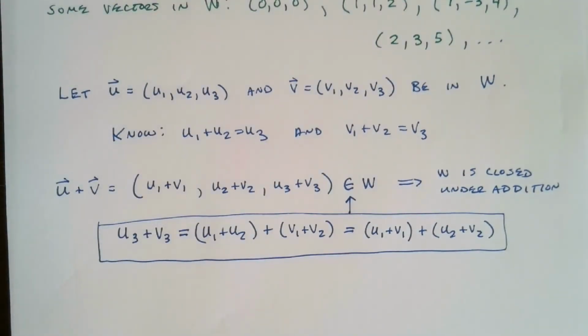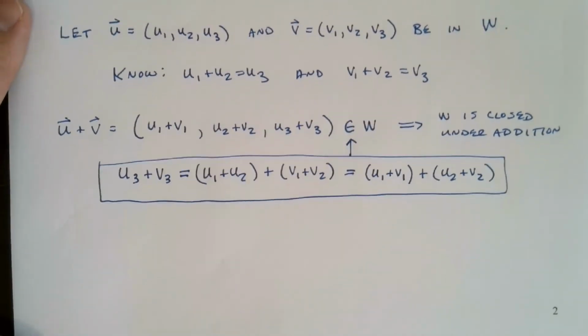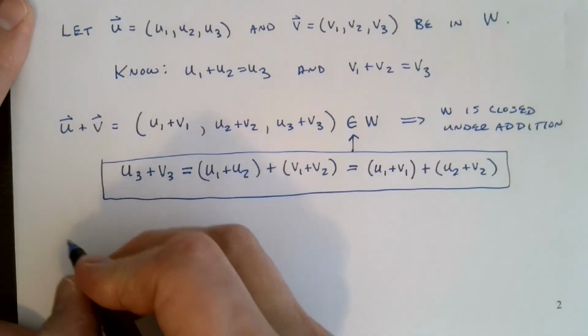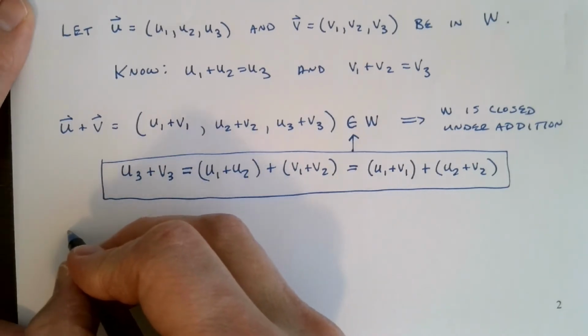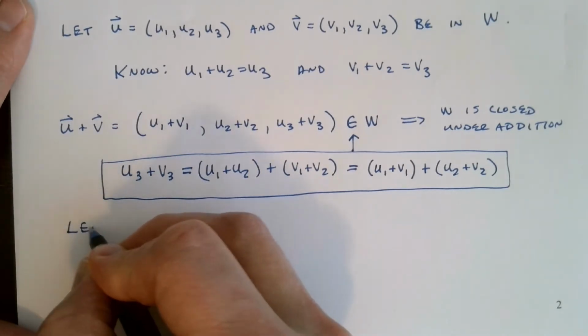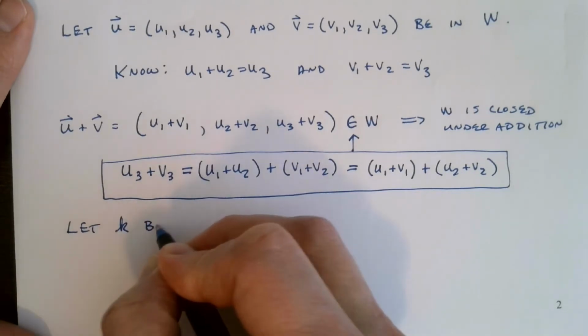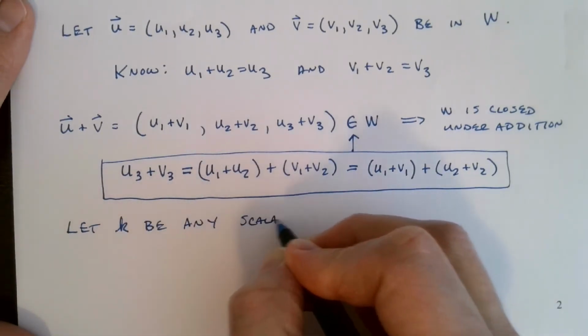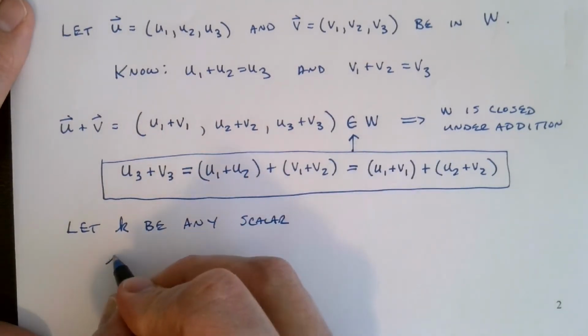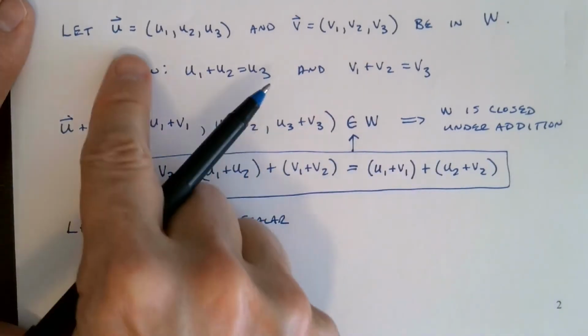What's the second step? Show it's closed under scalar multiplication. So here you have to be careful. Don't choose any particular scalar. Let it be general. So let's let K be any scalar. And then I'm going to look at K times, and now I've got two vectors to choose.